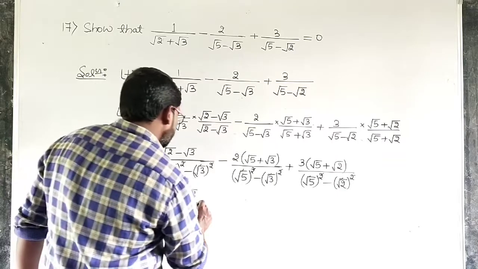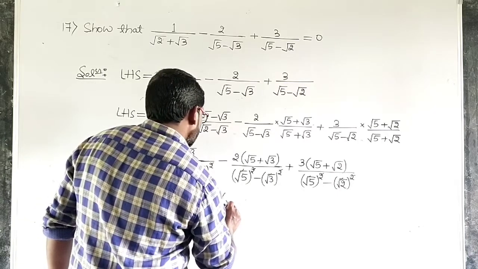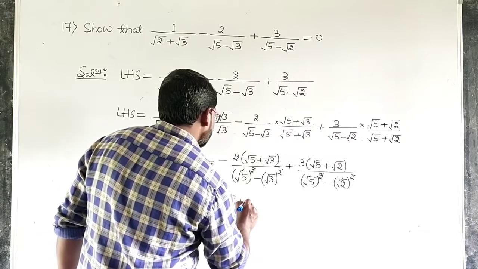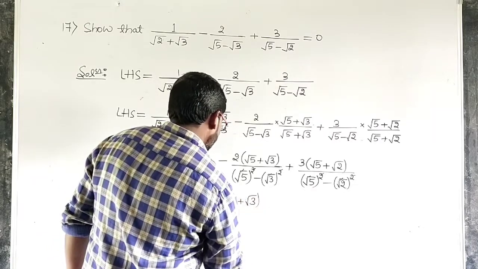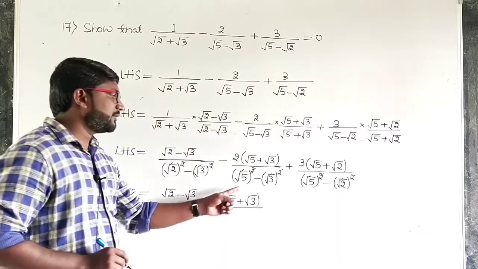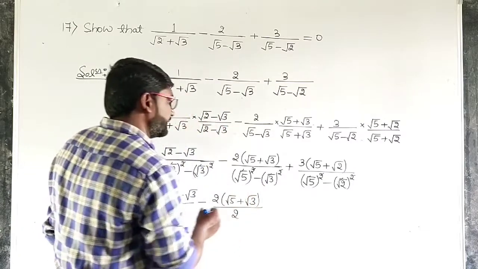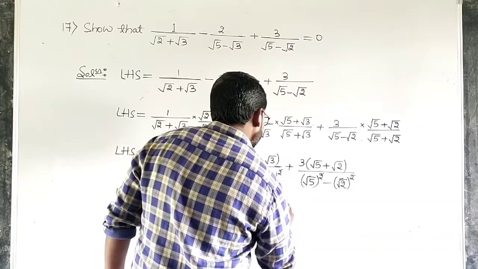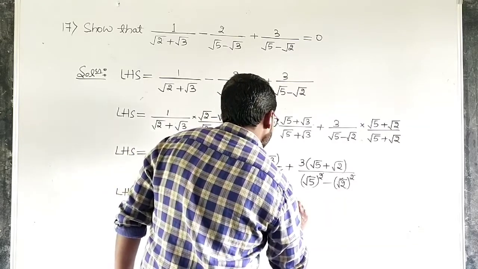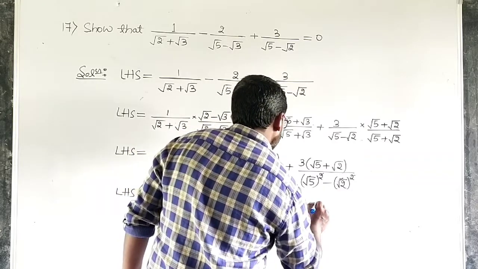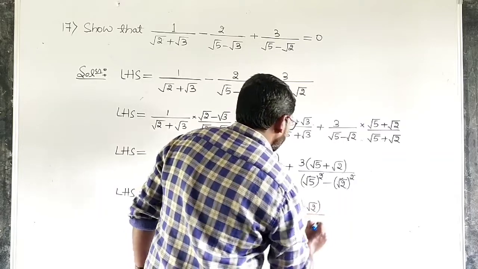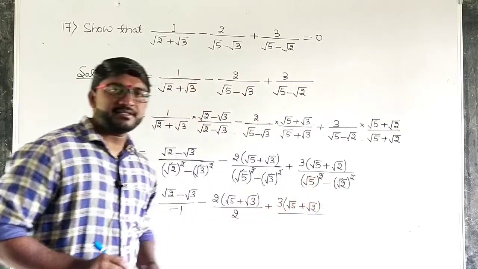Then minus 2 times root 5 plus root 3 divided by, what do we get now? 5 minus 3, it is 2. Then plus 3 times root 5 plus root 2 divided by, again 5 minus 2, it is 3.